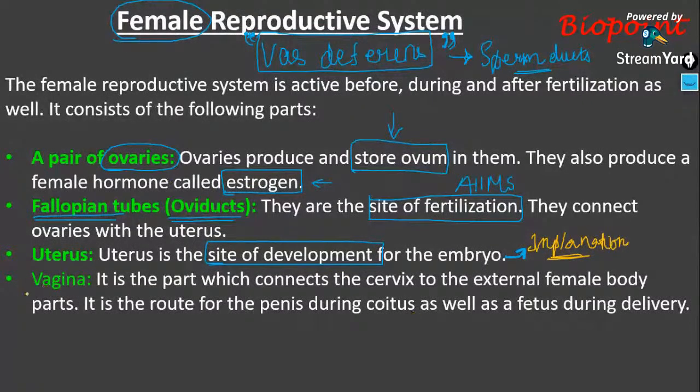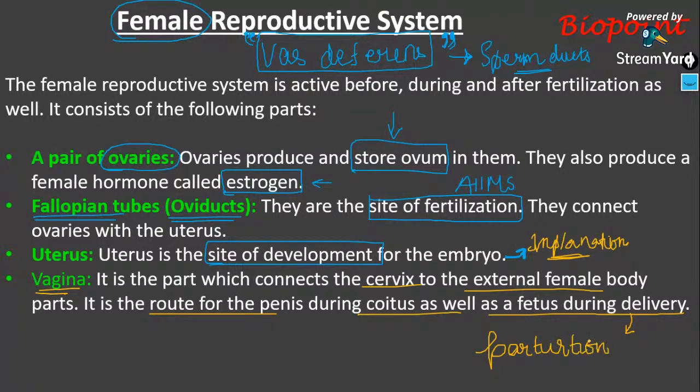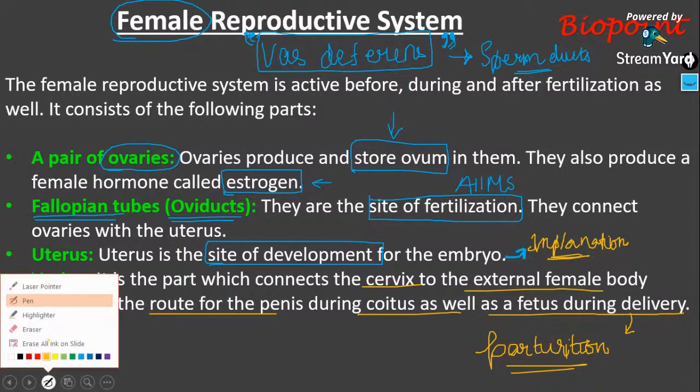Next, the last part is the vagina. It is the part that connects the cervix to the external female body. It is a route for the penis during coitus as well as for fetus delivery. The delivery in medical terms, that is giving birth to a young one, the delivery of the baby, is what you will call in higher classes, as doctors, parturition.